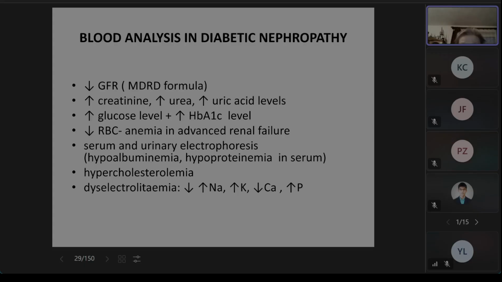These findings are typical also for stages 4 and 5 of chronic kidney disease because of diabetic nephropathy. These are so-called advanced stages of chronic kidney disease.